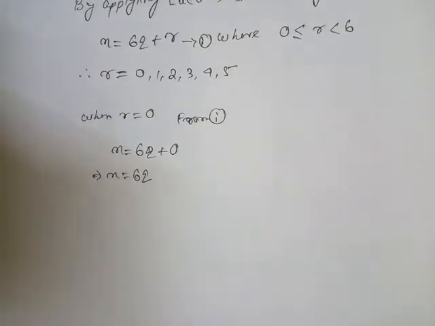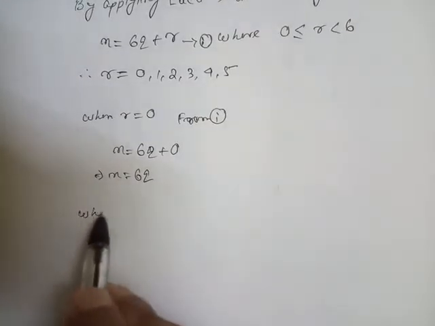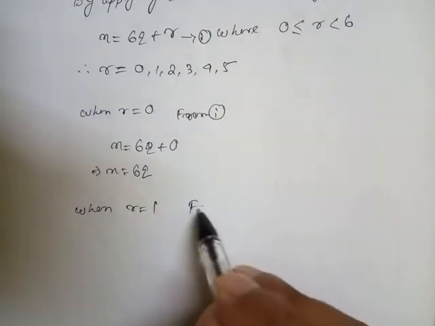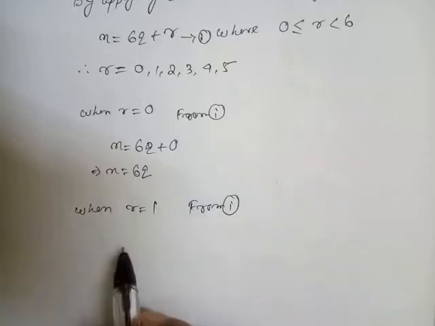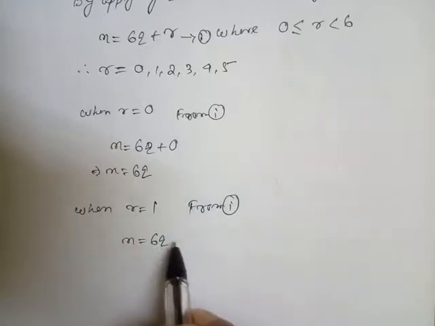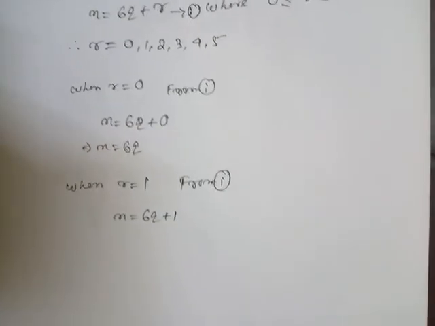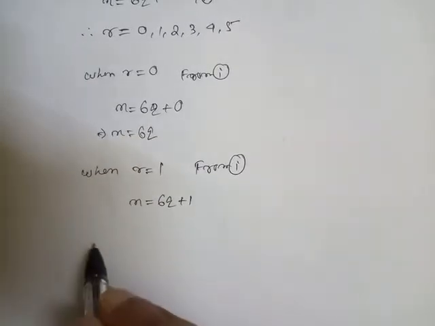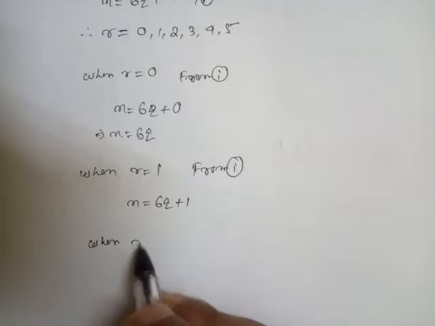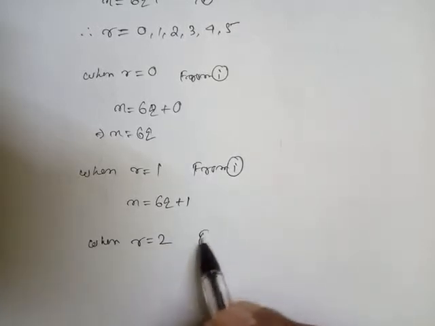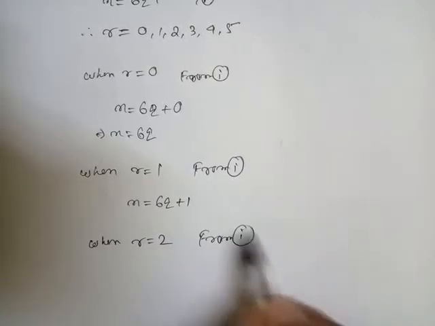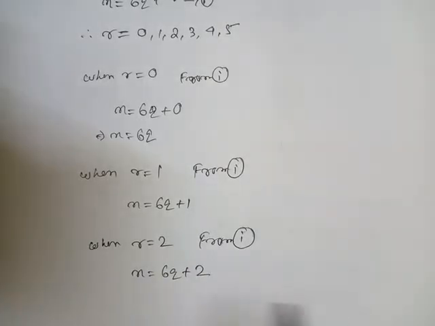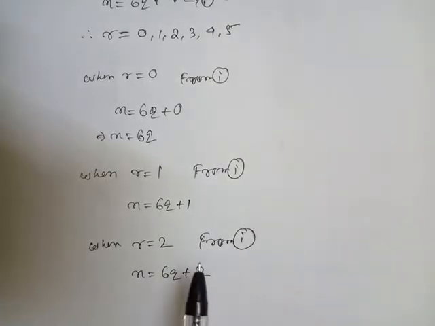Next one, when r equal to 1, from 1, n equal to 6q plus 1. Next, when r equal to 2, from 1 we'll write that n equal to 6q plus 2, means in place of r I'll just put in the value of r.